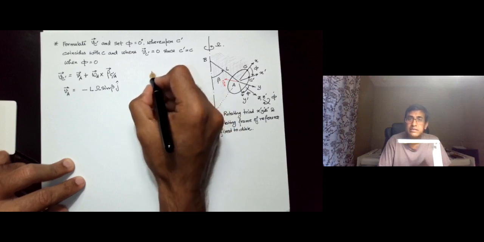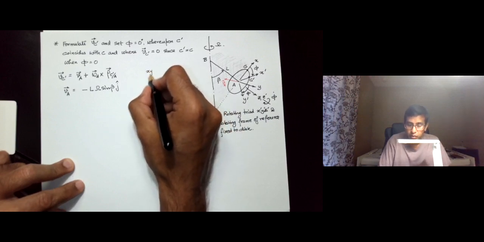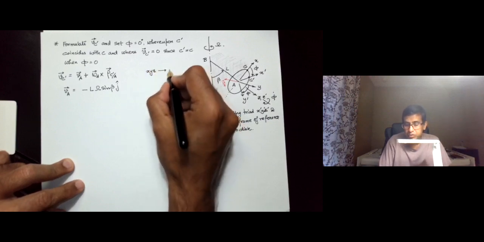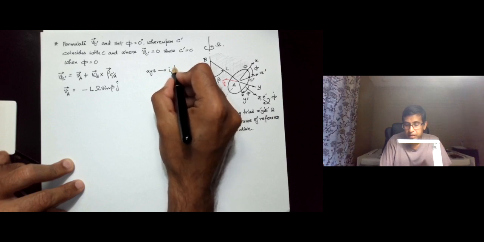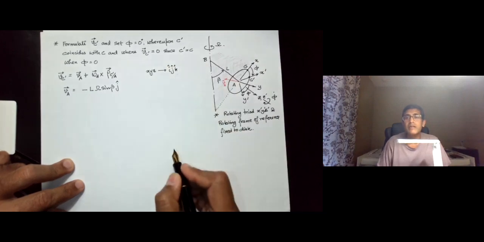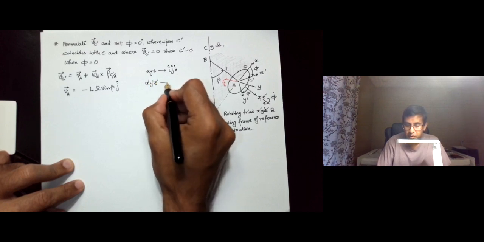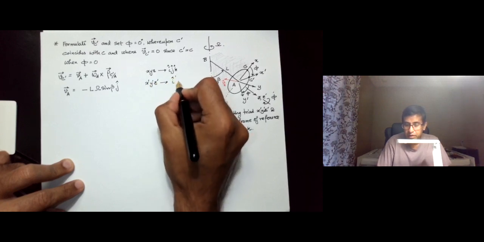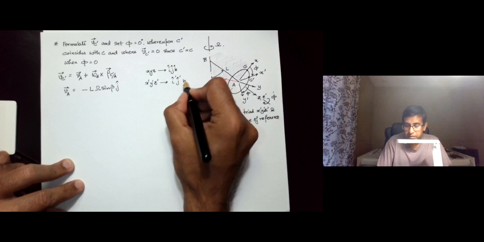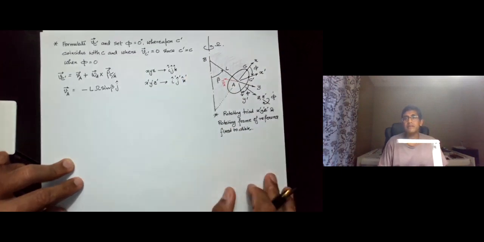Now for clarity, let us say that xyz corresponds to i, j, k unit vectors, and x prime, y prime, z prime correspond to i prime, j prime and k prime unit vectors.